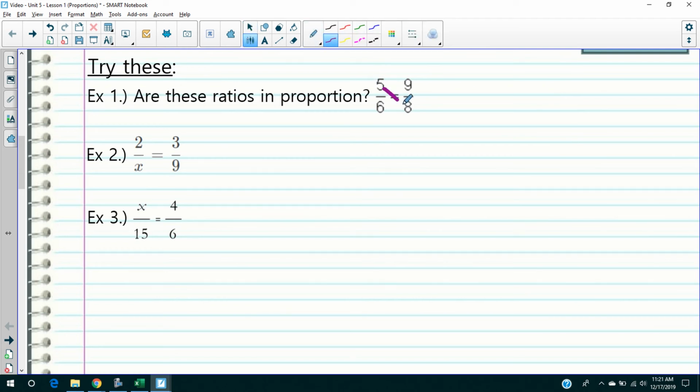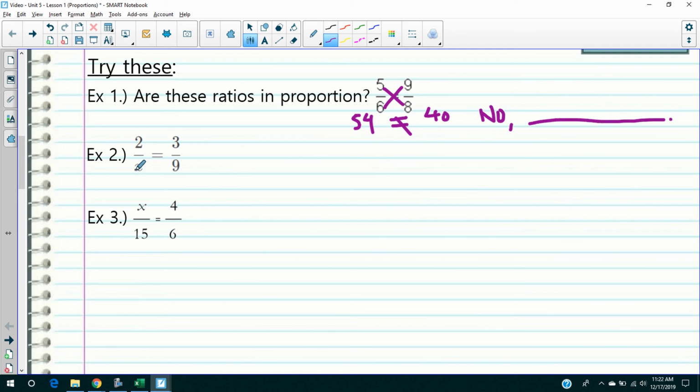Right, you cross multiply. If they're equal, then you're good. So 5 times 8 is 40. 9 times 6 is 54. Is 54 equal to 40? Nope. So therefore, no. The ratios are not in proportion.